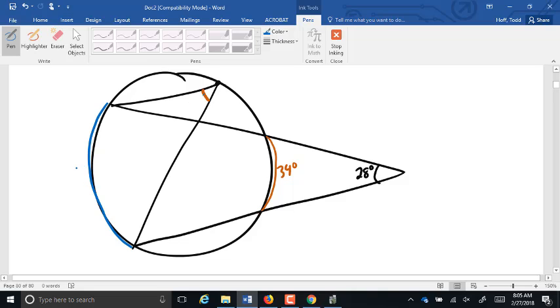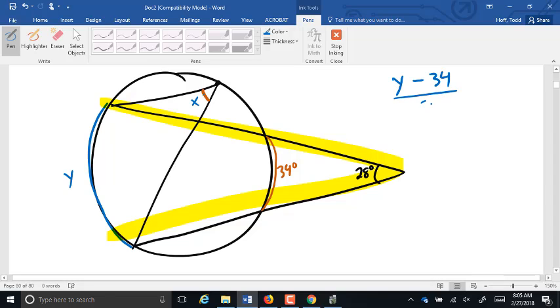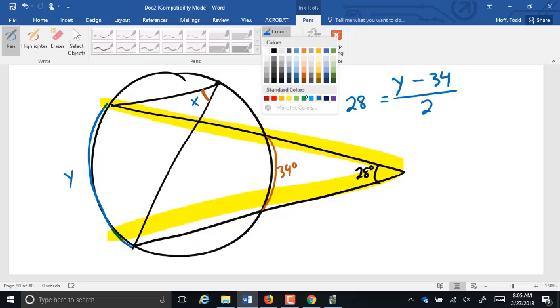How could we find this arc here? I'm going to call this arc Y. Call that angle X. Well, we know that Y minus 34. Y is the major arc of these two secants. We know that Y minus 34 divided by 2 has to equal 28 degrees.